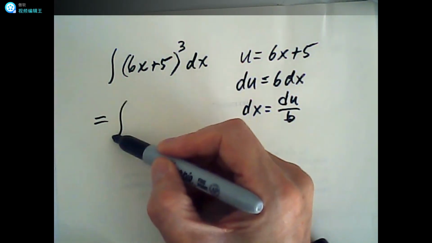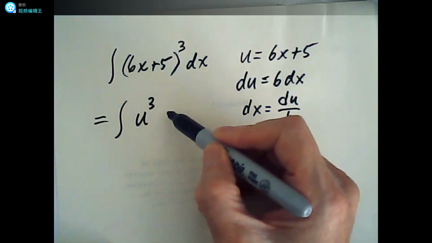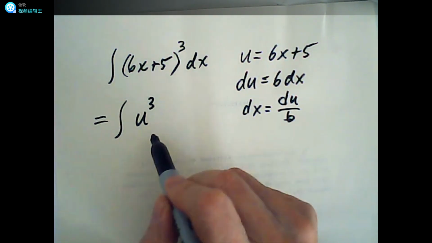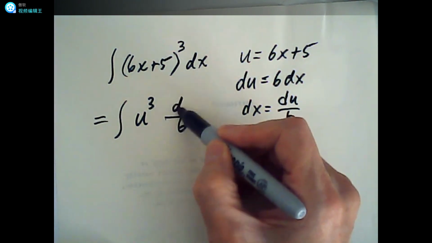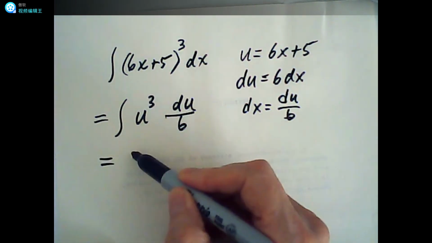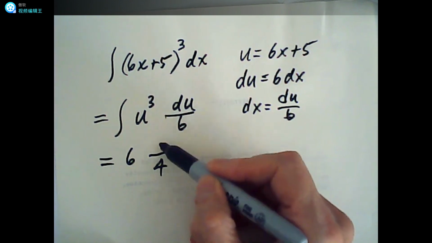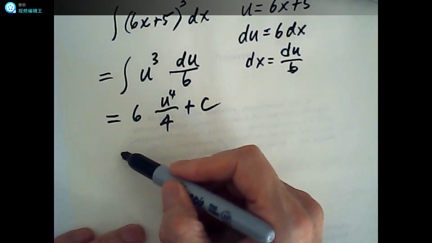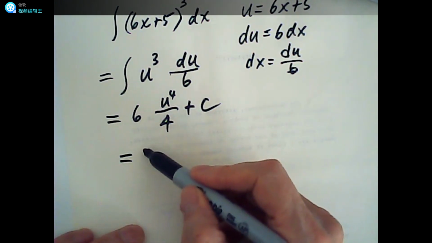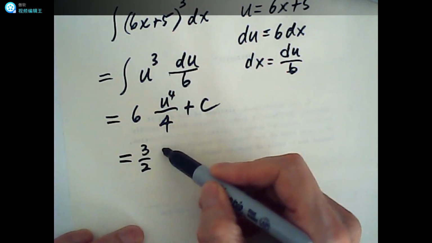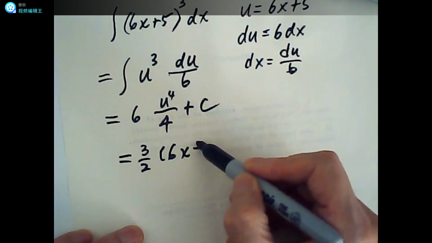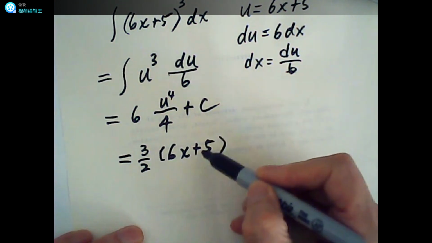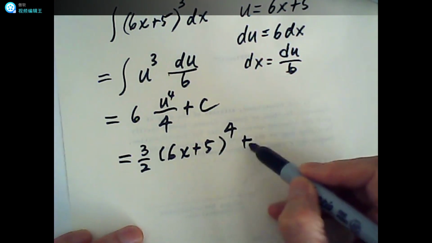We have the integral of u cubed du over 6, right? Then you have (1/6)(1/4)u to the 4th plus c. Then you substitute u back, you get (1/24)(6x + 5)^4 plus c.